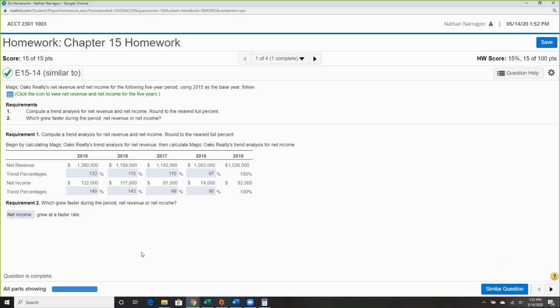Mostly comparative of the two. I'm looking at a faster rate, so I'm looking for bigger jumps between the years. And so, really, for me, 17 and 18 for net income was a big, fast jump. That was a huge difference. Okay, that's it for question 1.